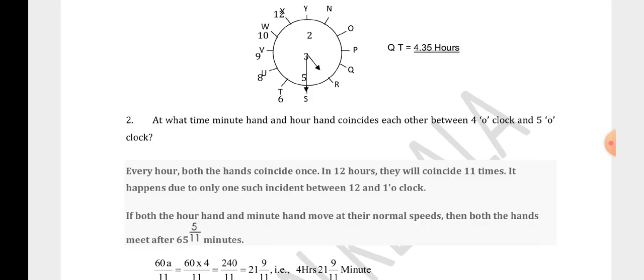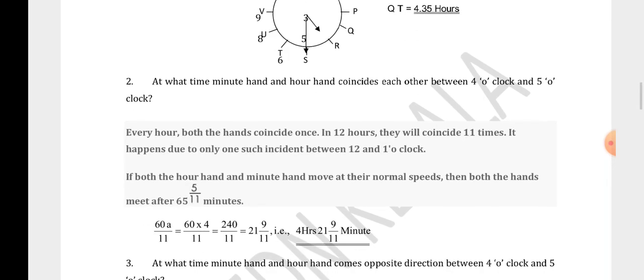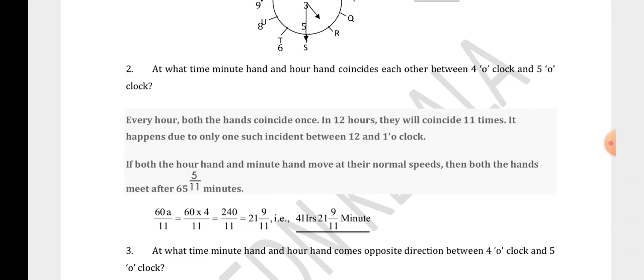At 12 o'clock we know both hands are at the same point, but it takes 65 and 5 by 11 minutes to coincide again. That means between 12 o'clock and 1 o'clock they will not coincide, which is why in 12 hours it happens 11 times. If both hands move at their own normal speed, then they meet after 65 and 5 by 11 minutes.